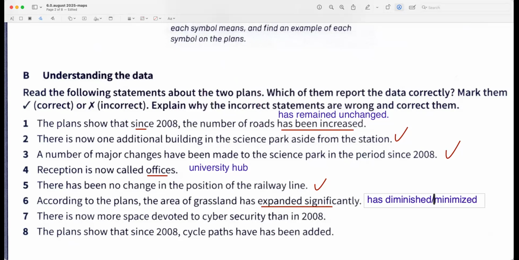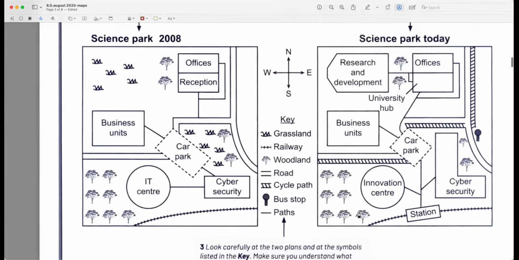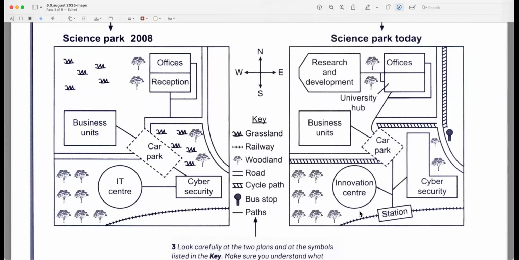That is correct. Because in the old plans, in the old park, we couldn't see the psychopath. But in the science park today, we can see it has three. Great, thanks for sharing.